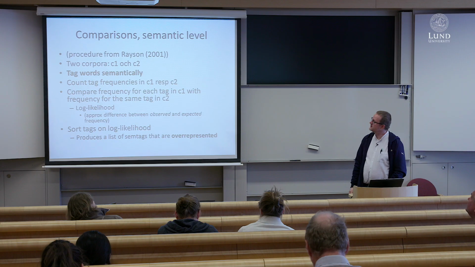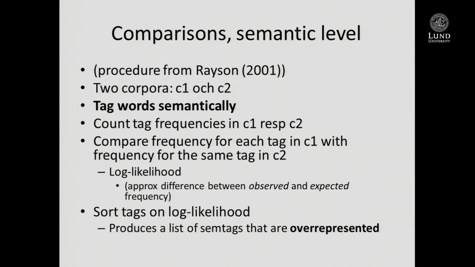So what you can do, I'm doing this quickly, is compare two different corpora. For instance, if you want to compare Turning Torso and meter, sort of, well, not those two exactly, but you can take two corpora and tag the words semantically. Then you count the tag frequencies in C1 and C2, and compare the frequencies.